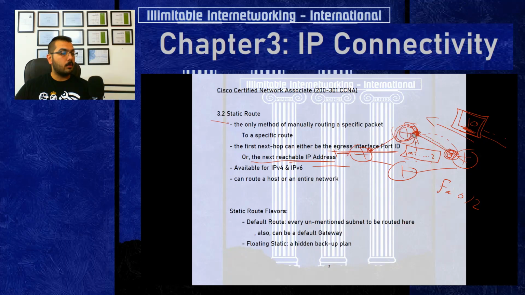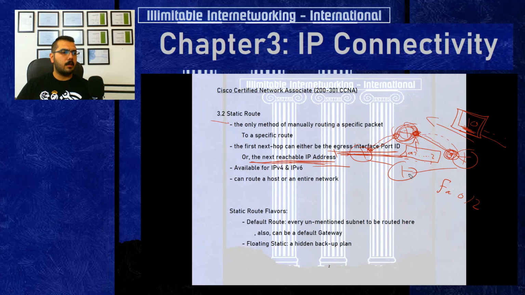After that I will also tell it to route 10 to maybe FastEthernet 0/1, which will be this one, and then the packet will egress from this specific interface to reach the destination. So it's either I use the egress interface port ID or the next reachable IP address of the next router that's directly connected to me.